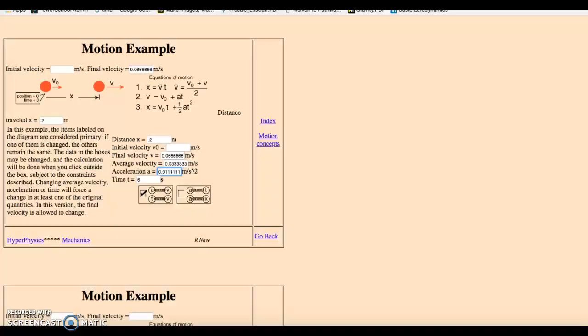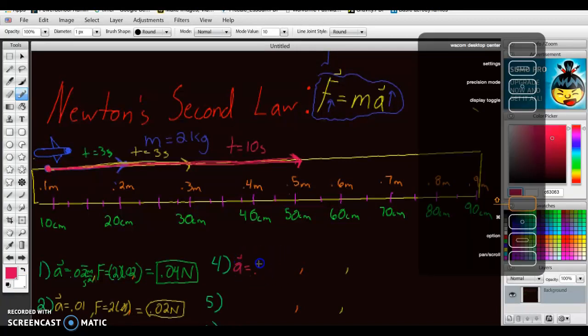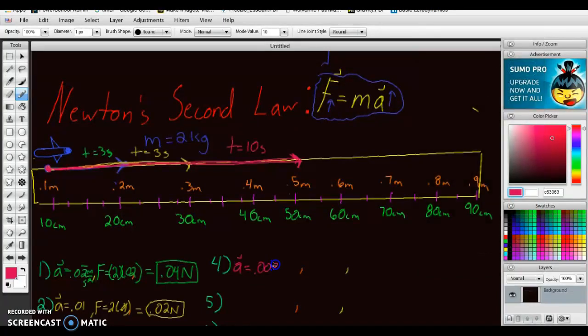We put that in our calculator, and the acceleration is 0.008 meters per second squared.